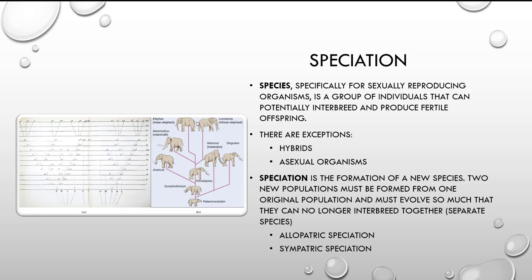Kind of like here we see with the phylogeny of the elephants. Each one of these branches where they connect indicates a common ancestor. And so we can see the divergence of the different animal species. In the past, we had different elephants that no longer exist, like the mammoth and the mastodon.